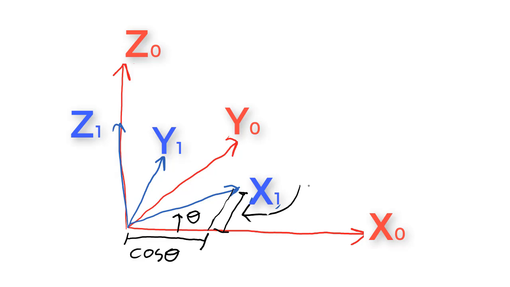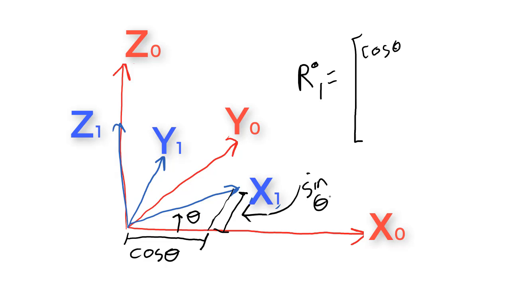And in this case, the hypotenuse is always a length of 1, because the axes in a coordinate frame always have a length of 1. So that means that the projection of x1 on y0 is the sine of theta. I'll write that in this rotation matrix because this is the position that represents the projection of x1.